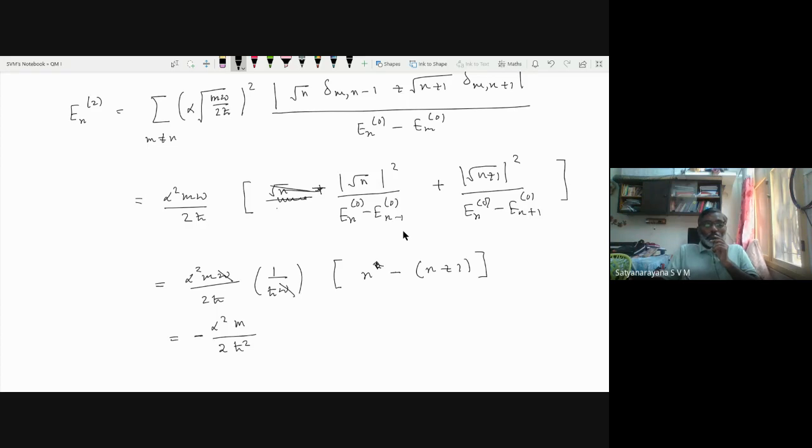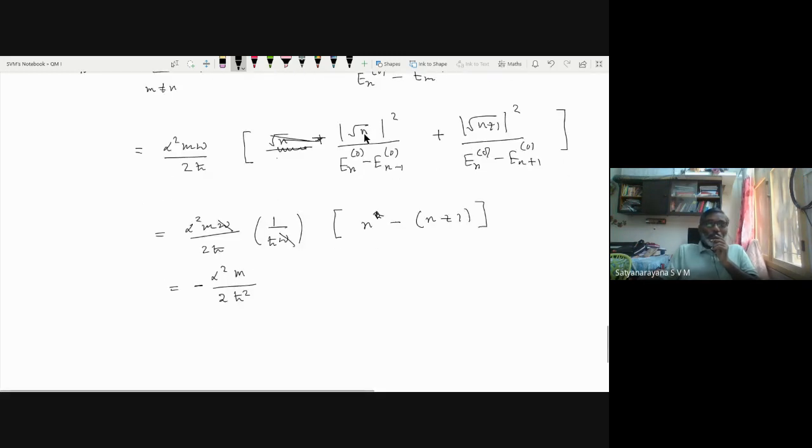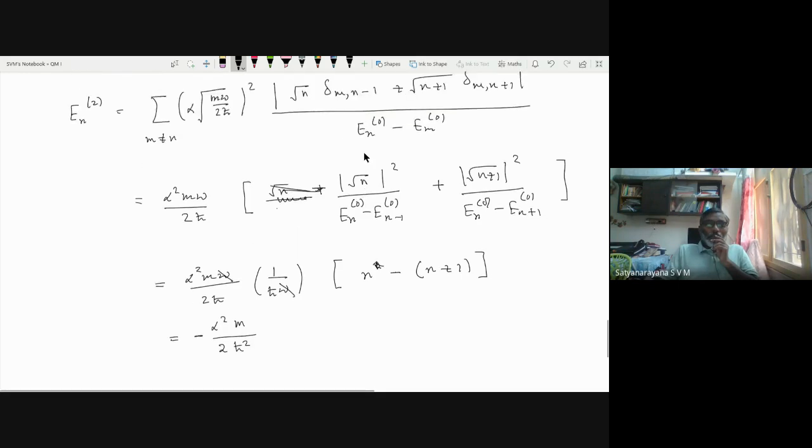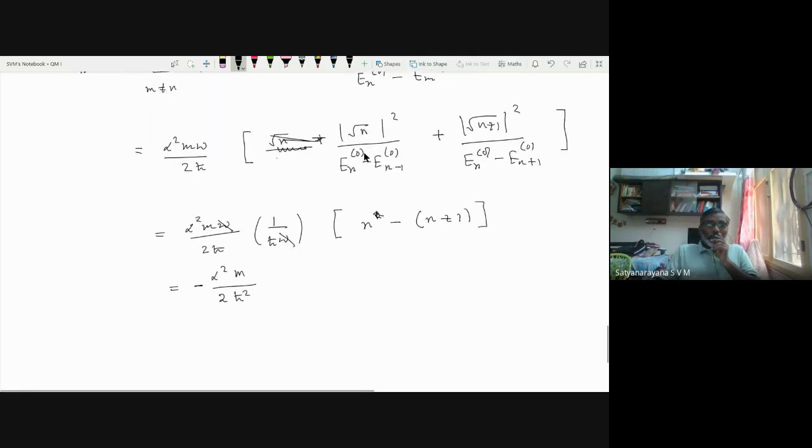So now you can see that this result is independent of n especially. Okay, so En of 2 is equal to minus m alpha square by 2 h bar square.